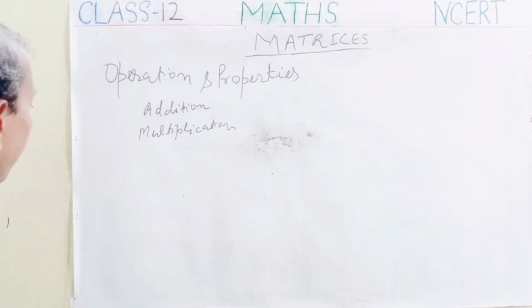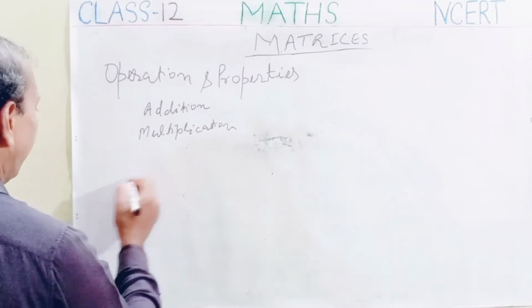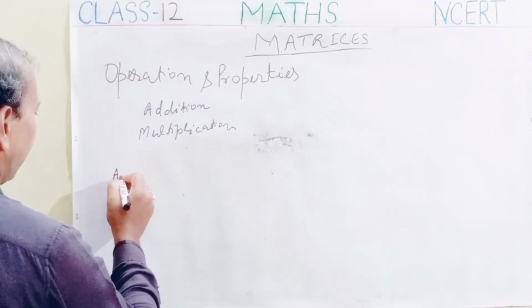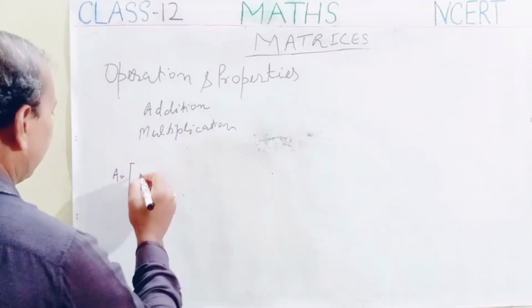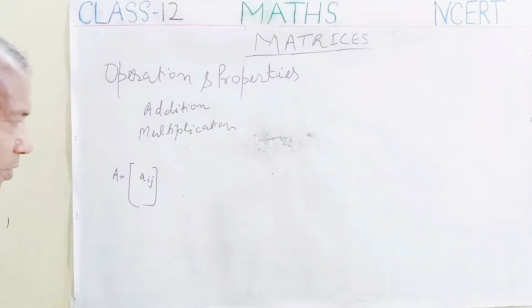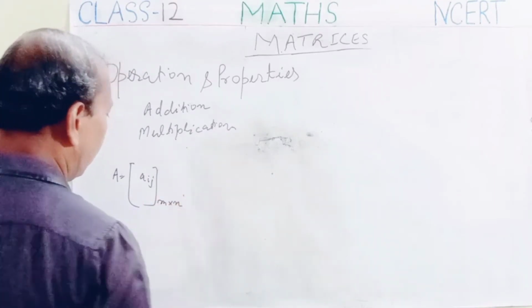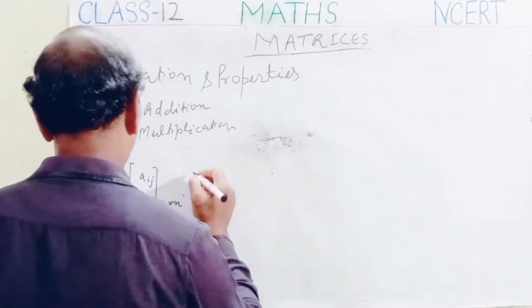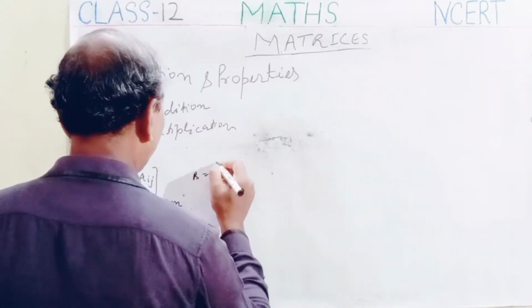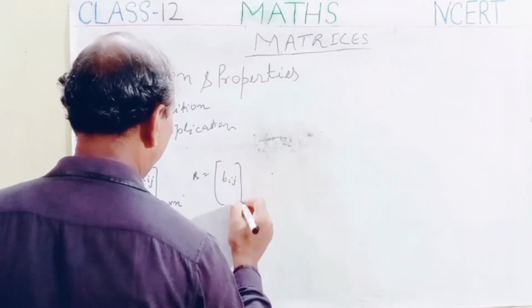Suppose in the case of addition, let's suppose A is given as one matrix. I represent it as Aij, m cross n. That is your first matrix. And I want to add another matrix B, which is equal to Bij.